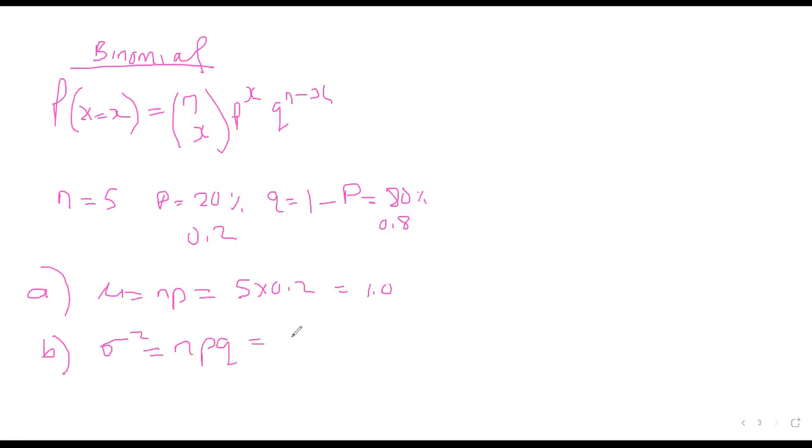So this is 5 times 0.2 times 0.8, which is 0.8. And the standard deviation is simply the square root of the variance. So the square root of 0.8, and you can get the answer.